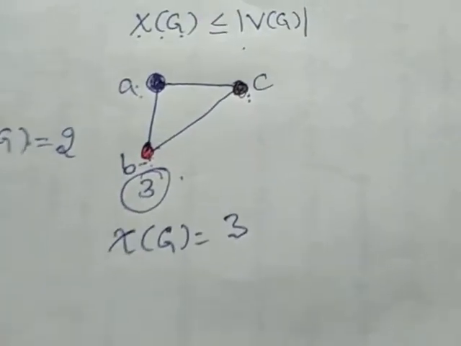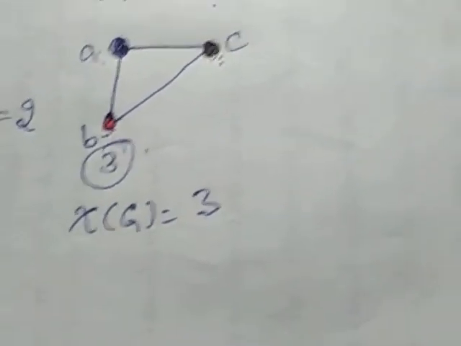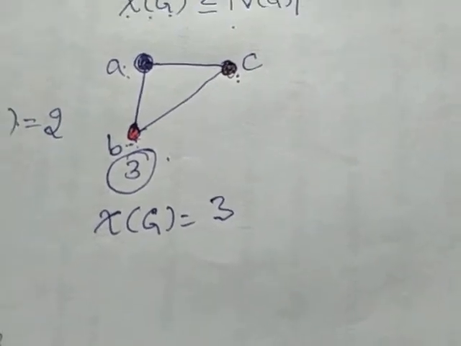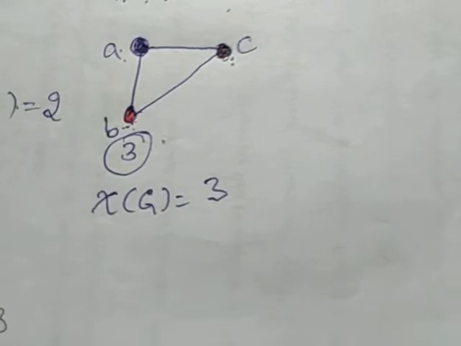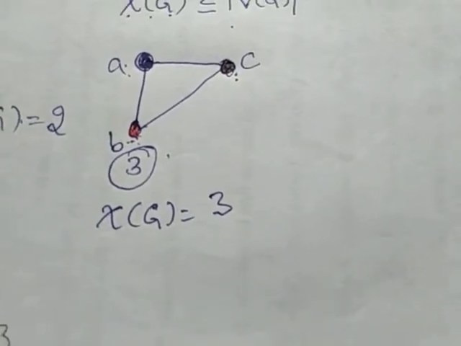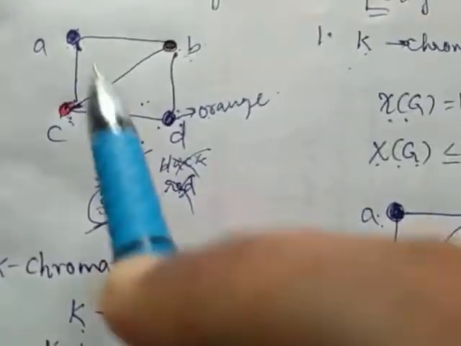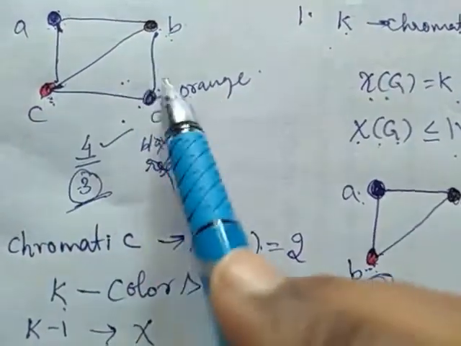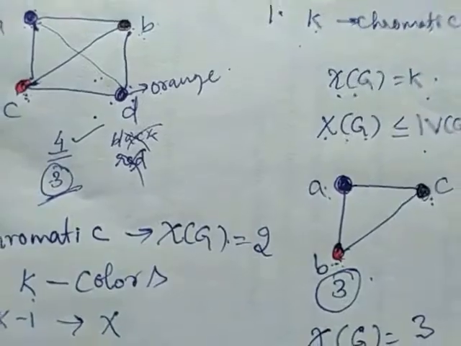And if we consider a complete graph, complete graph means each vertex is connected to, or adjacent to, all other vertices. For example, if this is not a complete graph, if I add a line to this, it will become a complete graph, right?